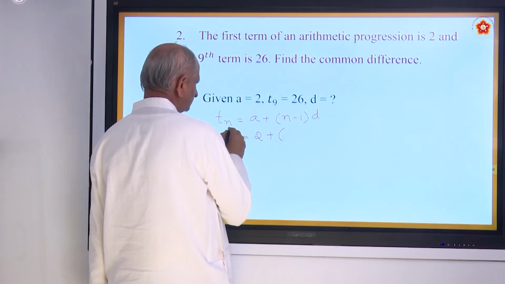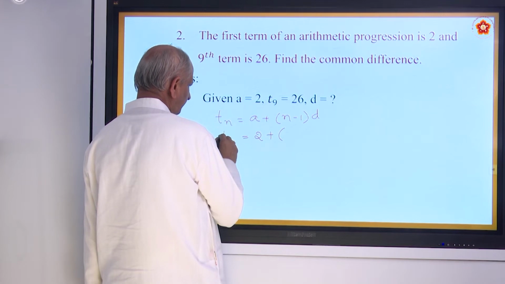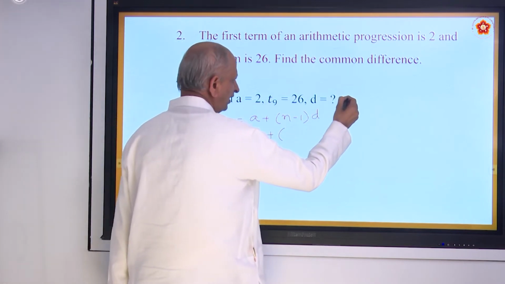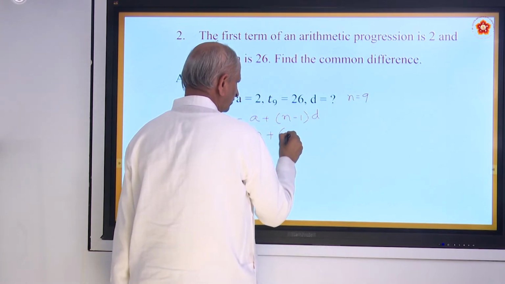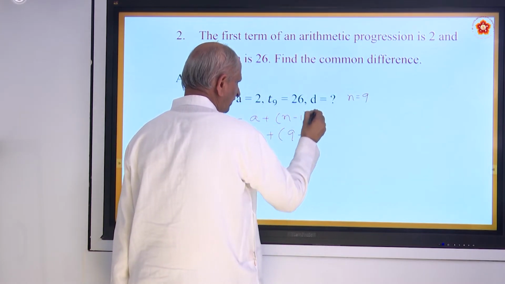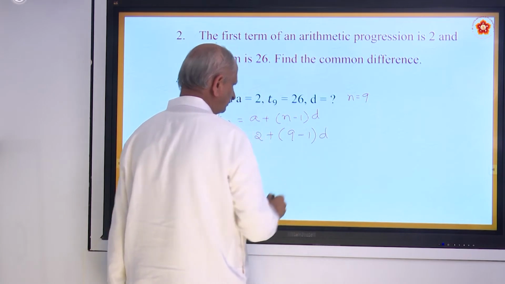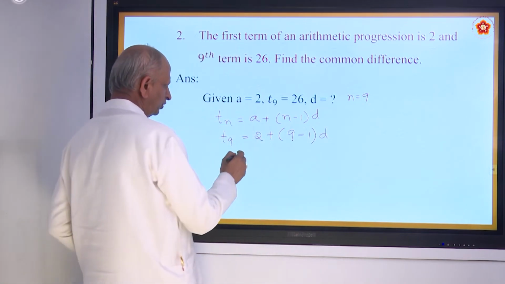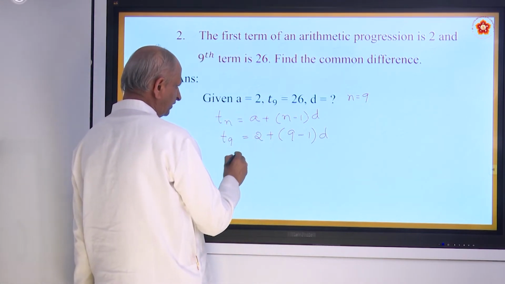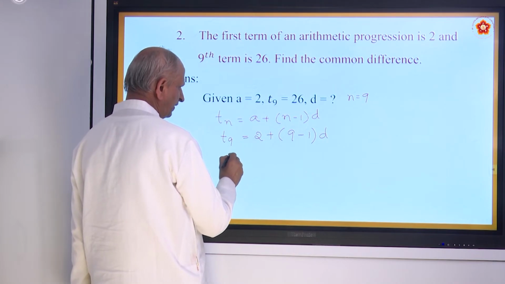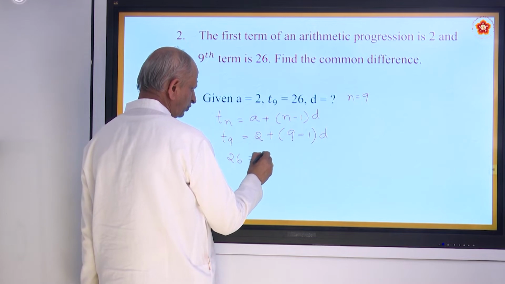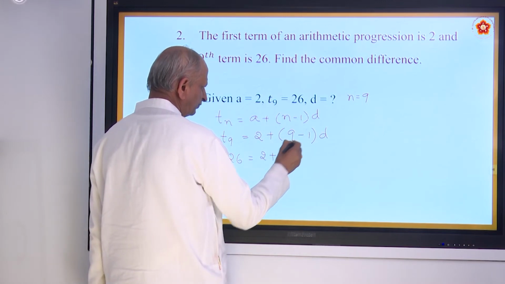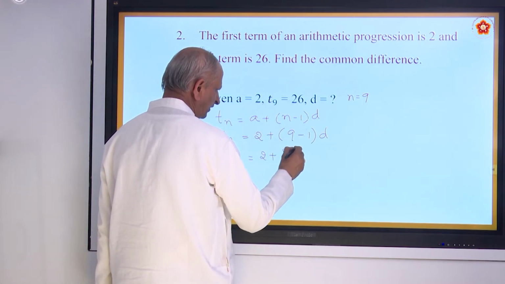Okay. A is 2. N is how much? Because you are finding T9, n will be equal to 9. So 9 minus 1 into d. D we don't know. T9 is given. How much is given? 26 is equal to 2 plus 9 minus 1, which is how much? 8d.